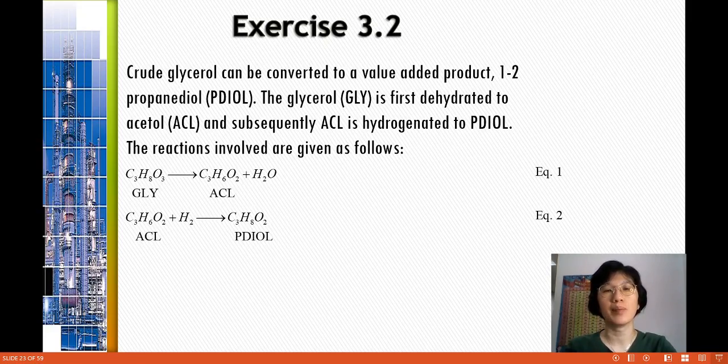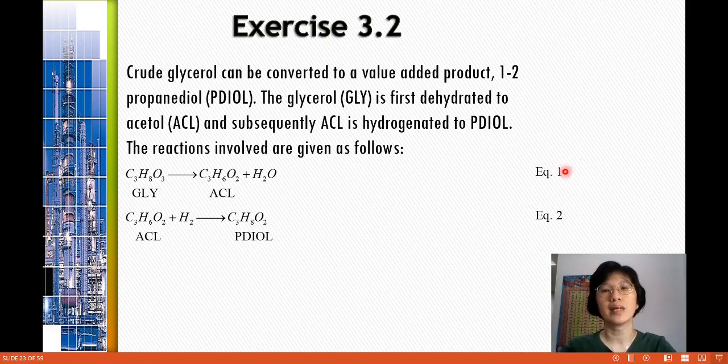We put a short name, P-diol, and in order to do so, the glycerol will first be dehydrated to acetal, ACl, before the ACl can be further hydrogenated to P-diol. And the reactions happen in series. So we have equation 1.